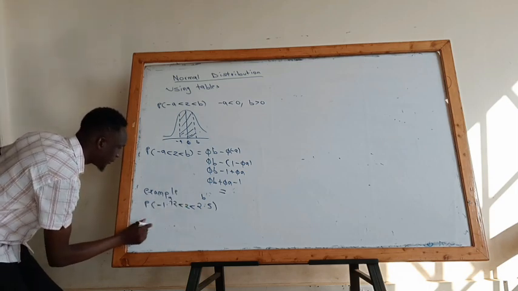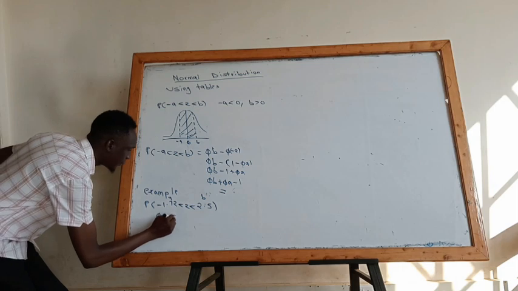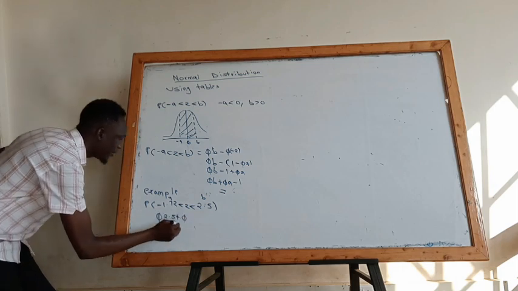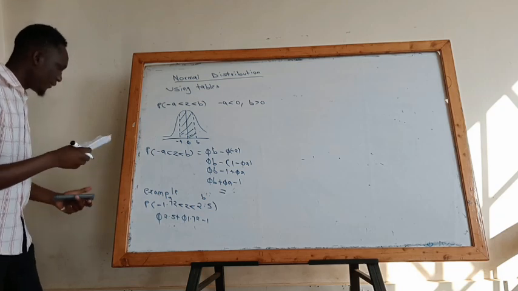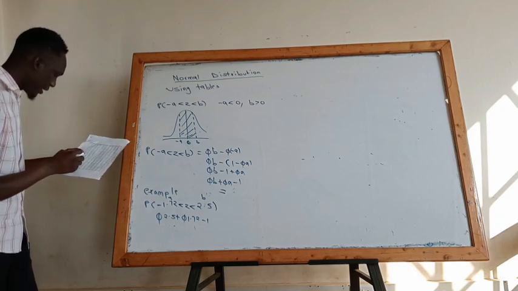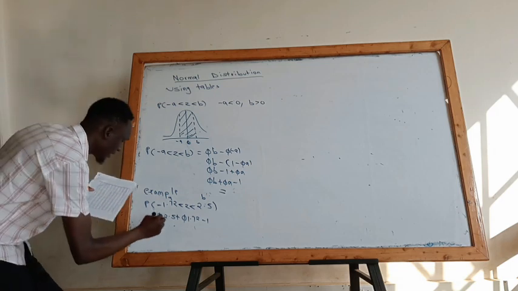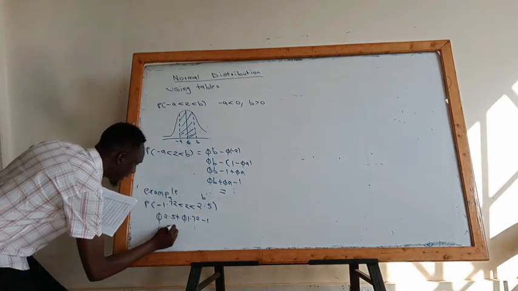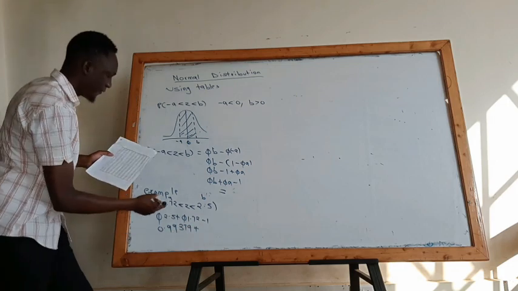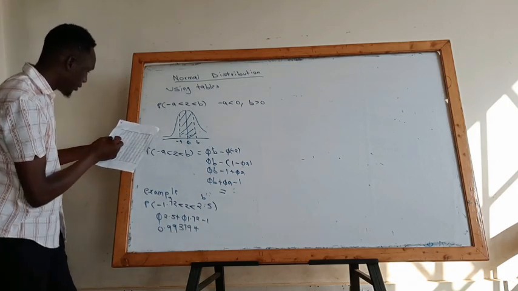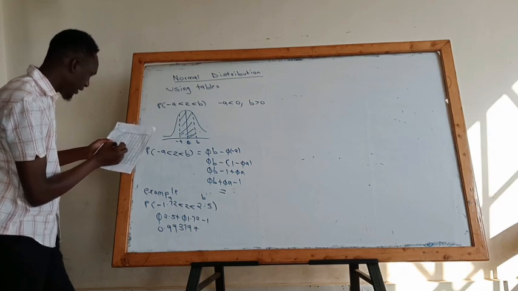So we have phi B, which is 2.5, plus phi A, which is 1.72, minus 1. Phi of 2.5 from our table is 0.99379, plus phi of 1.72, which is 0.95728.